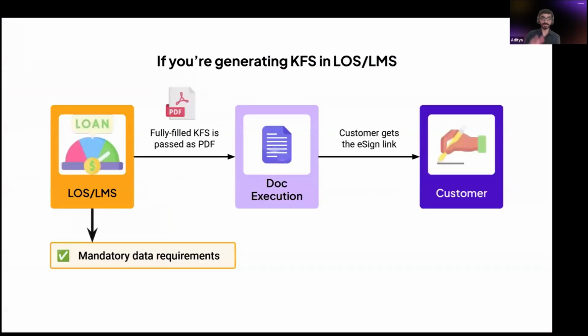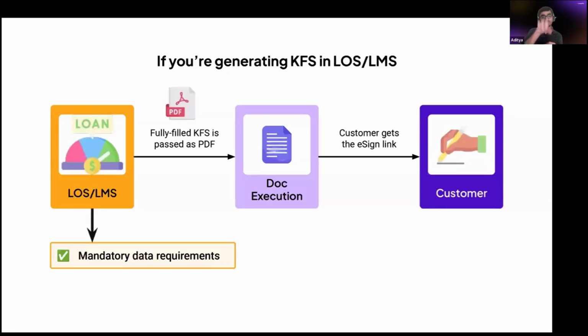So how do these checks happen? These checks can happen in two different ways. And there's an interplay between two core pieces of software that we've seen lenders use. One is, of course, the LOS LMS, and one is the document execution platform where you're collecting, say, an e-sign. So one flow is when the LOS LMS itself generates the final KFS, right?